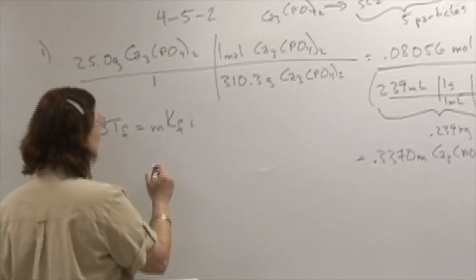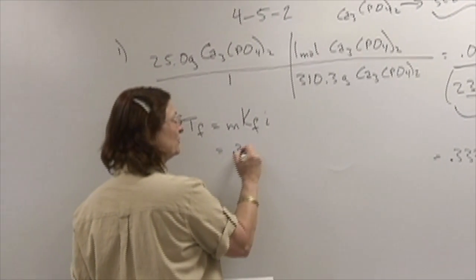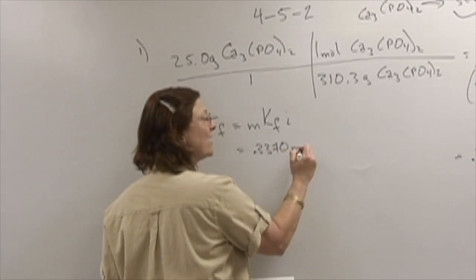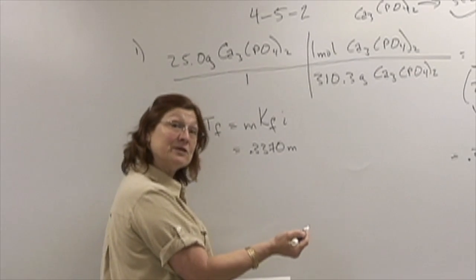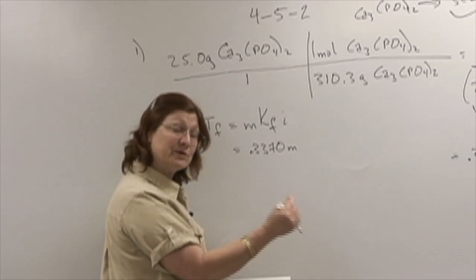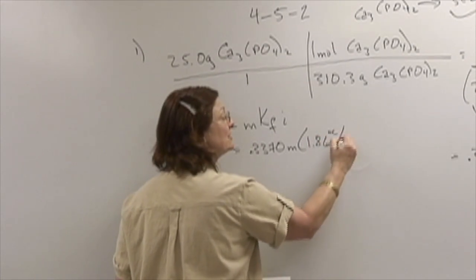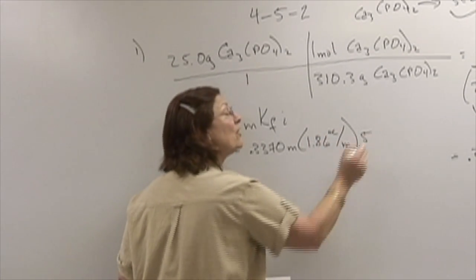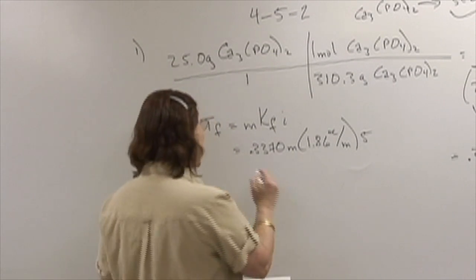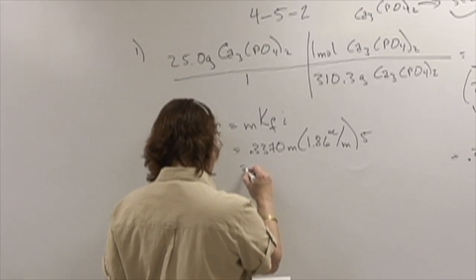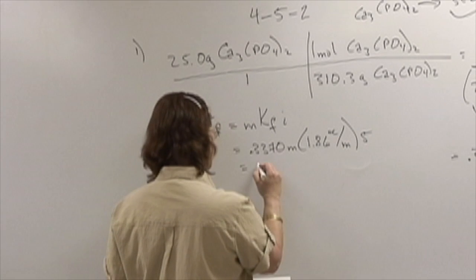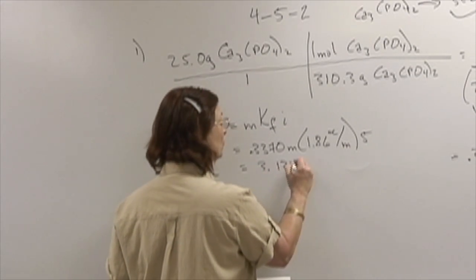Therefore, I am going to use my molality of 0.3370 molal, and the freezing point depression constant for water, which is my solvent, is 1.86 degrees Celsius per molal, and then there are 5 particles. And when I do this math, I am going to get 3.1341.